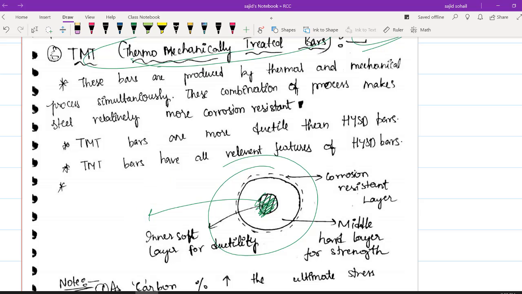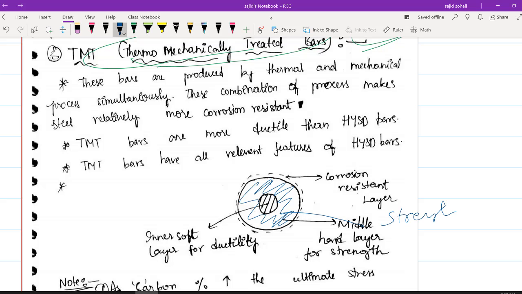The middle section, let me change the color to blue, is very hard and it will be responsible for strength. The inner part is soft and it will be responsible for your ductility.